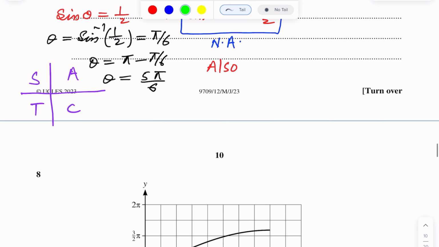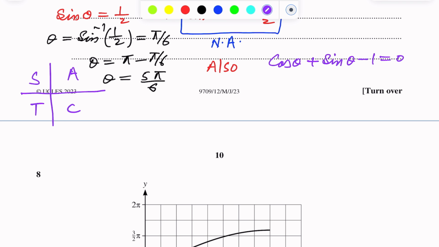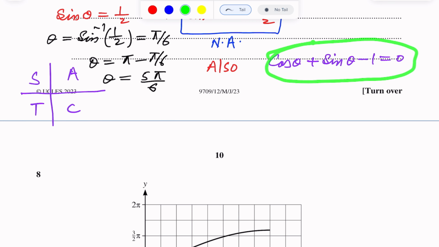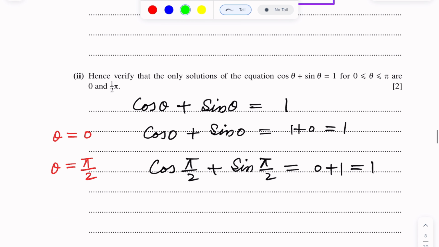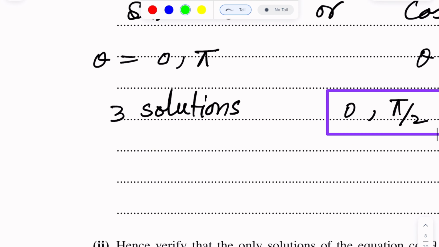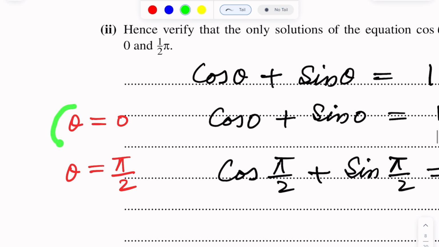So only we get cos theta plus sin theta minus 1 is equal to 0. So from here we have already found the solution of this equation in part A and the second subpart.